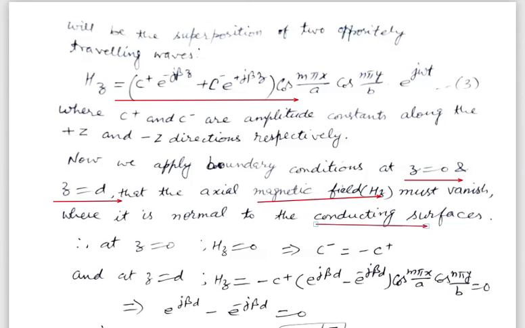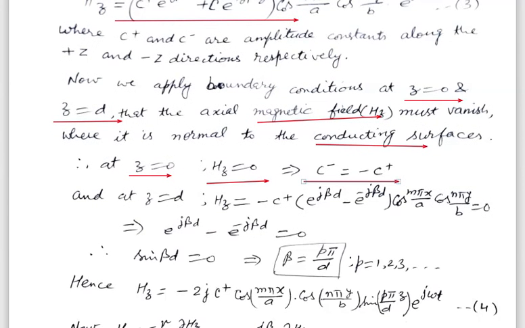When we apply the first condition at z equal to 0, the Hz component will be 0. So equation 3 gives us C minus equal to minus C plus. It means the amplitudes of the two oppositely propagating waves are the same, but they are opposite in phase. Now when we apply the next boundary condition, at z equal to d, again Hz will vanish.